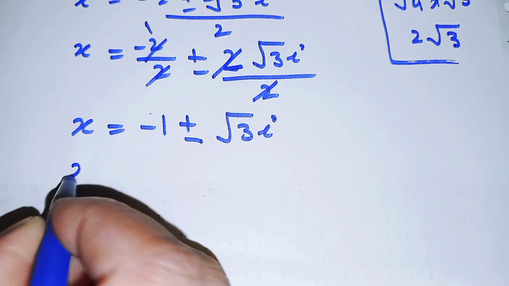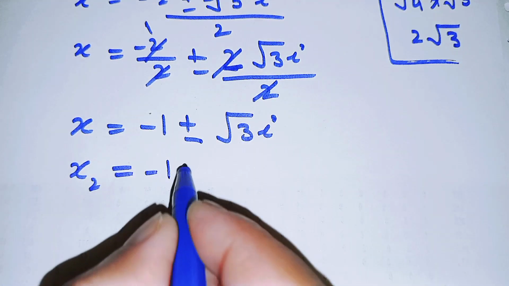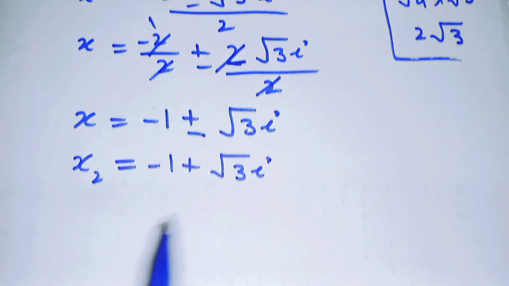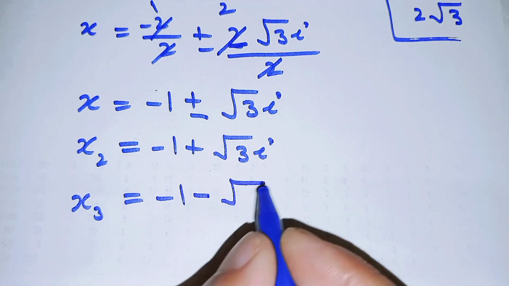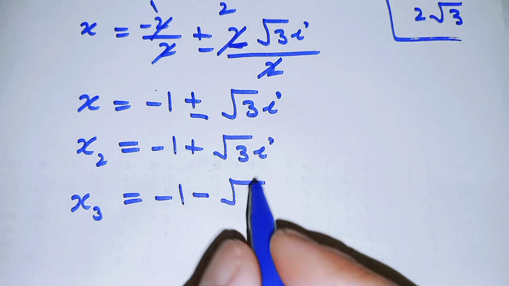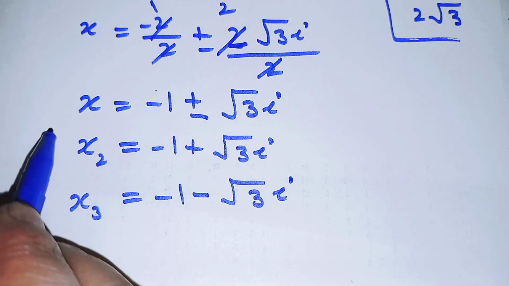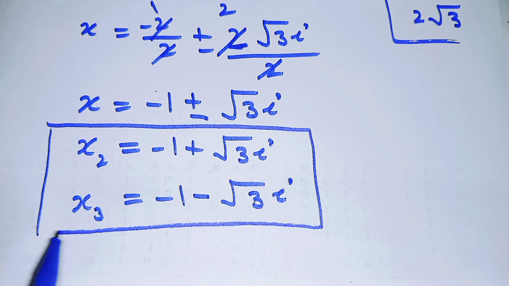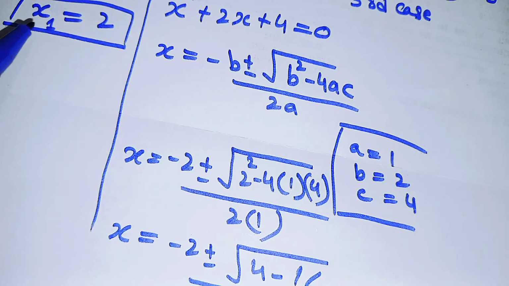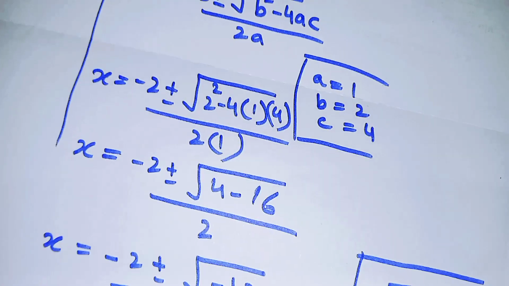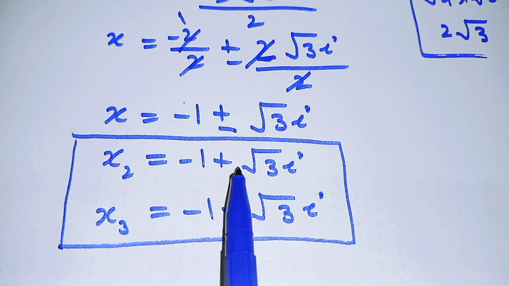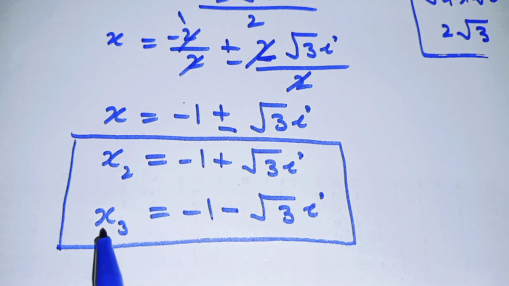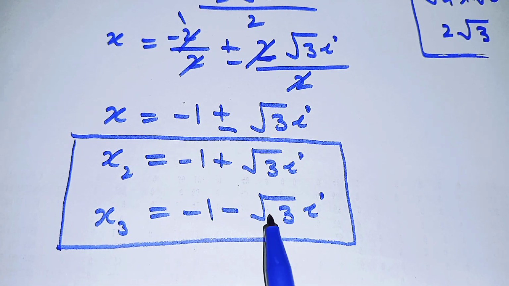And now the second value of x is equal to minus 1 plus square root of 3i, and the third value of x is equal to minus 1 minus square root of 3i. And now here are the values of x. The first value of x is 2, the second value of x is equal to minus 1 plus square root of 3i, and the third value of x is equal to minus 1 minus square root of 3i.